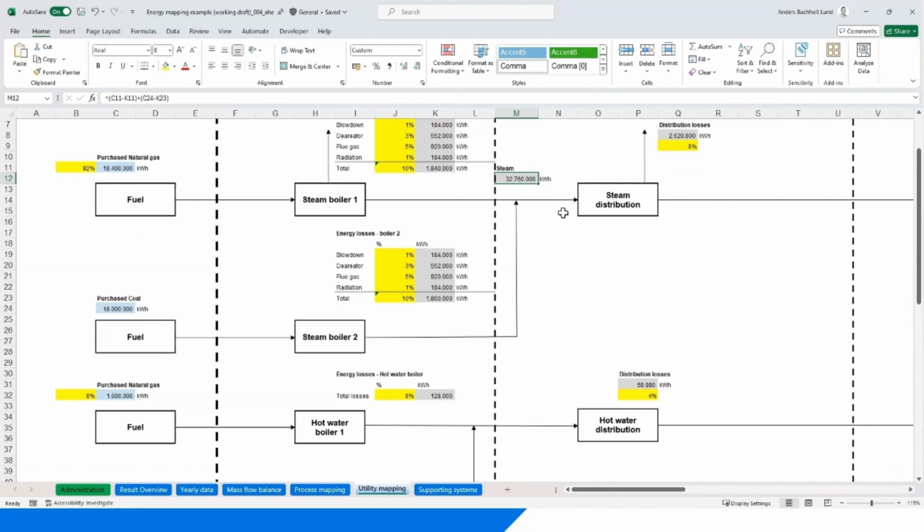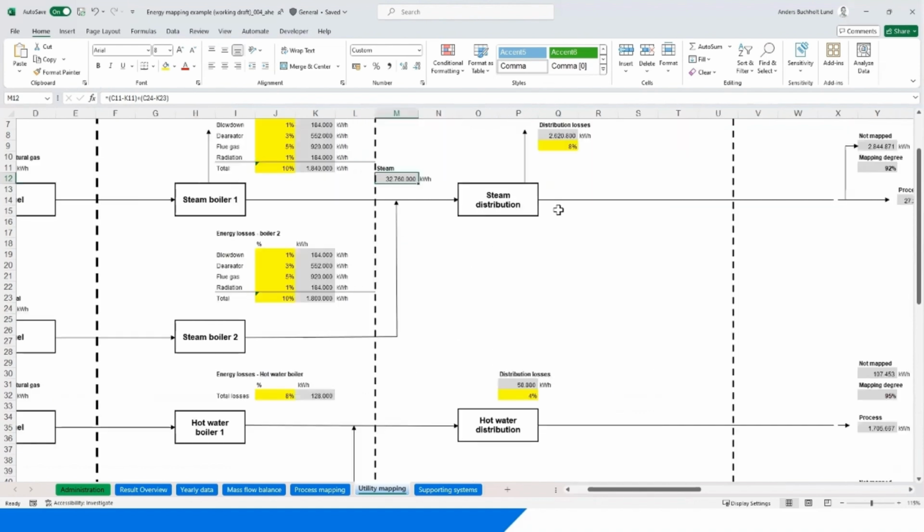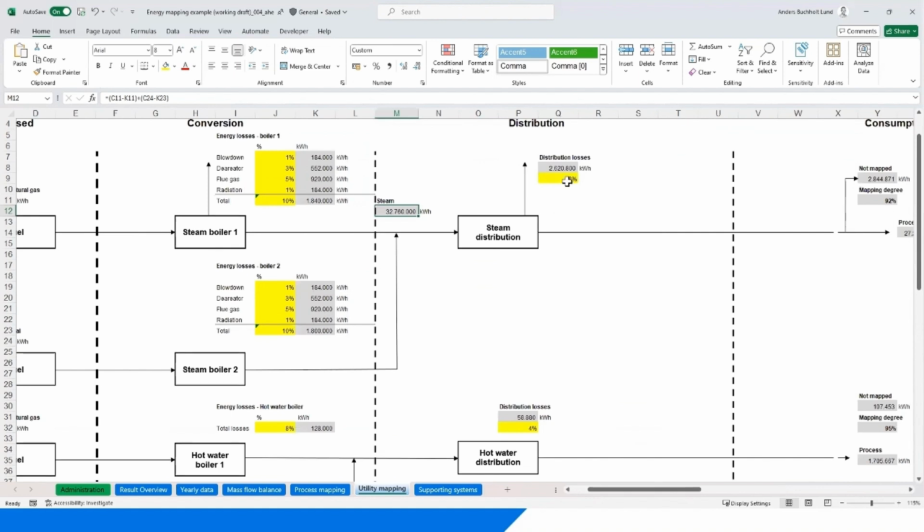Then we are looking at our steam distribution system. And here we also know that we have some losses related to the steam distribution system. And these losses are extremely difficult to estimate. How high are these losses? Because there's a lot of factors that have an influence on this number.